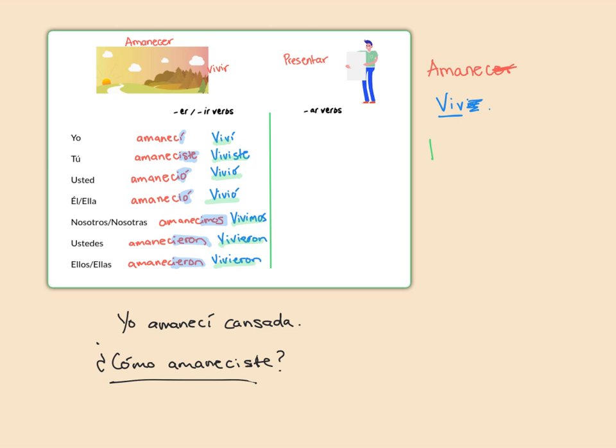Now let's look at our example AR verb, which in this case is the verb presentar, which means to present. And we have our guy here, and he's presenting with his Bristol board. Now let's see how we would say that he presented. So again, I'm going to show you the conjugations of this verb. Again, you drop the AR and you add the endings. And once you have all the conjugations, we can look at generalizing what the pattern is and the endings that you need to conjugate AR verbs in the past tense.